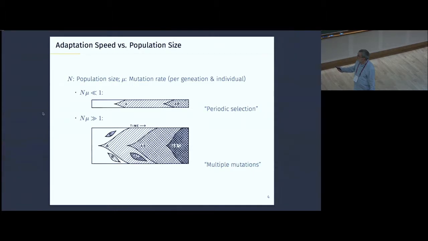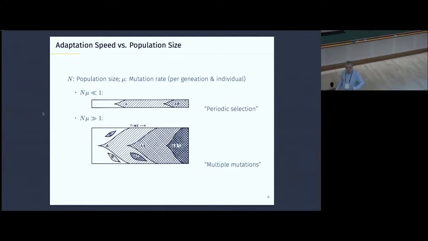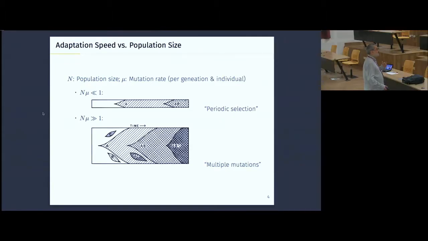And then after a while, a new variant B arises, and if it is advantageous, it might eventually fixate and so on. In this way, you can go on, one advantageous mutation fixating after the other. And you can imagine that in this regime, the speed of adaptation will increase roughly proportional to the population size.